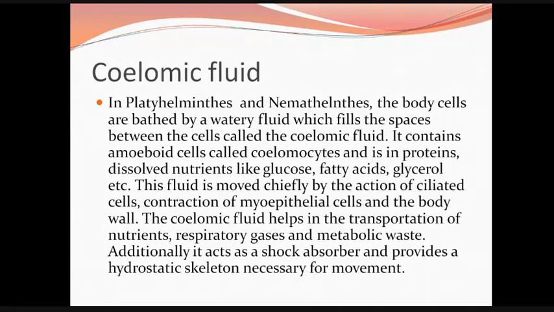What is going to happen? The myoepithelial cell will contract, and when it contracts, its cilia will move. The cilia are the hair-like structures present on the cell. So when the cilia move, automatically it will bring a wavy action into the coelomic fluid, and the coelomic fluid will also move.